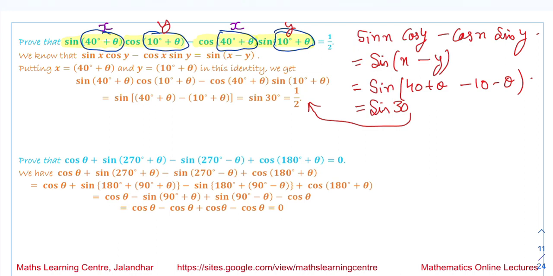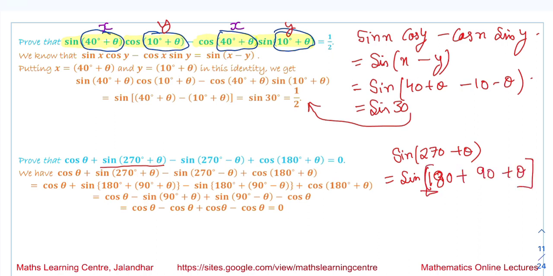Next, we have to prove that cos theta plus sine of 270 plus theta. We are talking about this value, sine of 270 plus theta. You can write this as sine of 180 plus 90 plus theta. When we are talking about 270, this is the angle 180, and up to this point the angle is 270 degree.